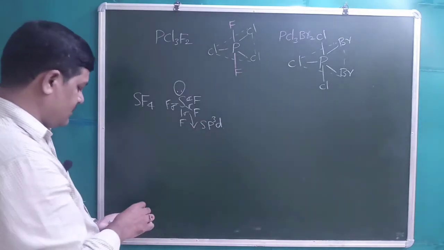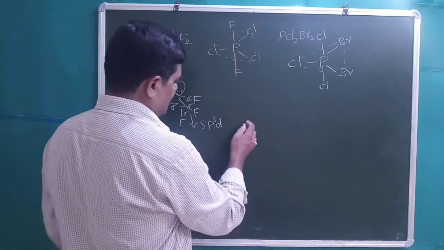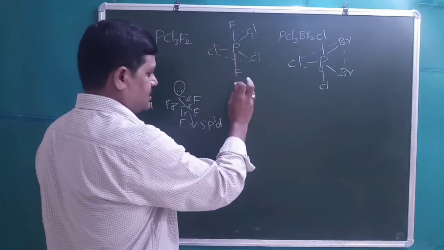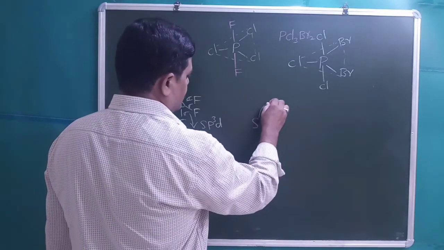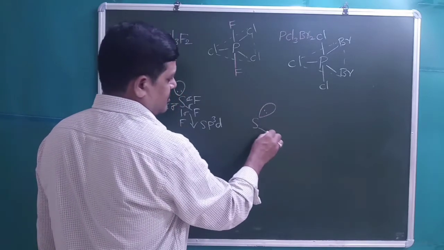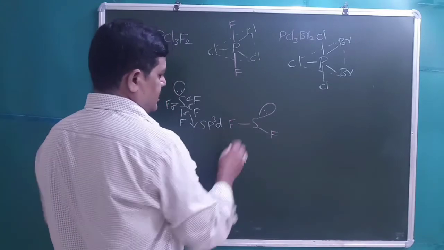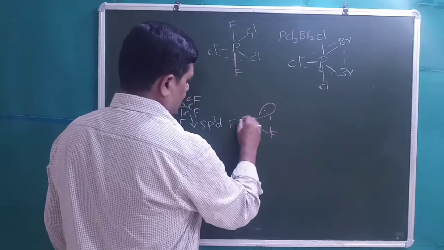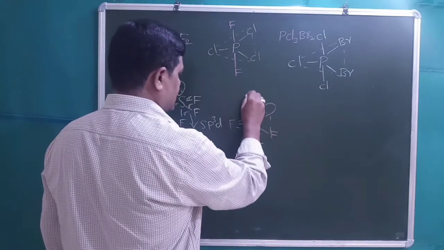Then the geometry of the molecule is trigonal bipyramidal, similar to that of PCl3F2 or PCl5. But according to Bent's rule, the lone pair should be accommodated in the equatorial position. In SF4 this is the equatorial position, and two fluorines are in the axial positions.